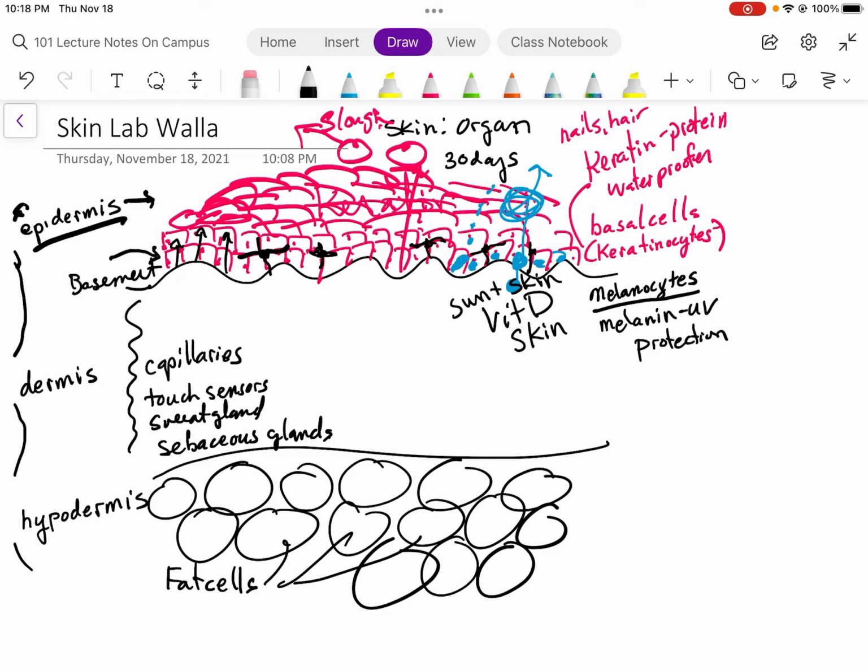The presence of melanocytes and melanin actually makes it more difficult to make vitamin D because it filters out the UV light.